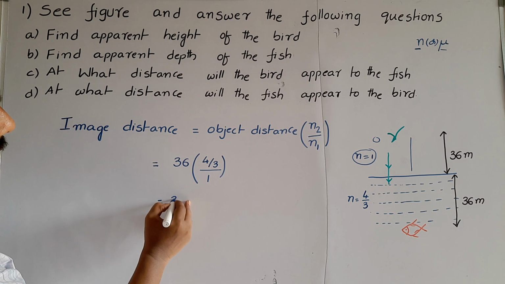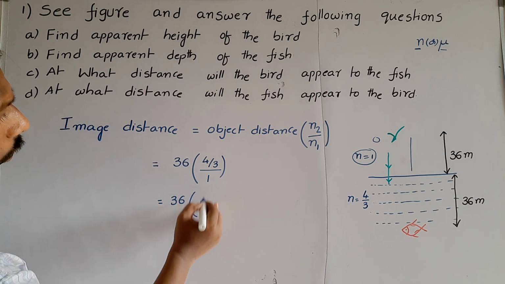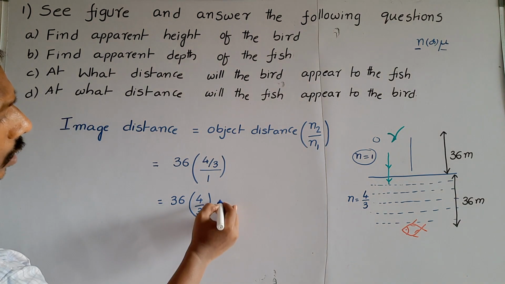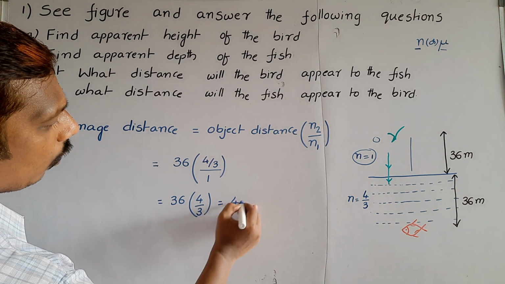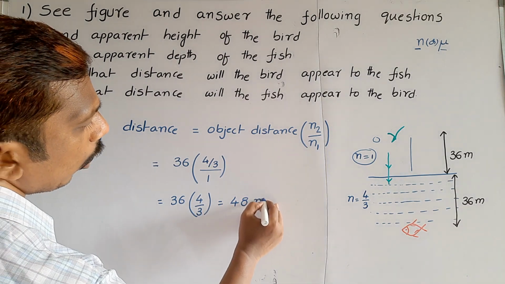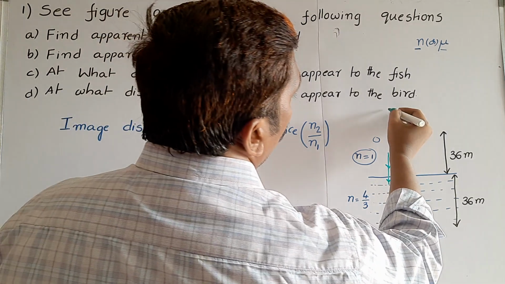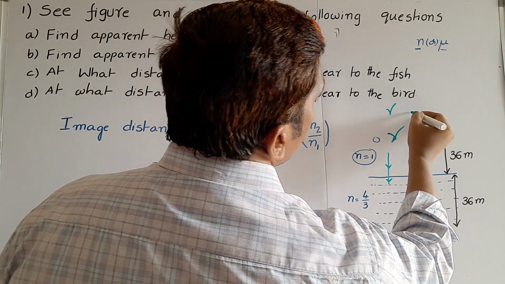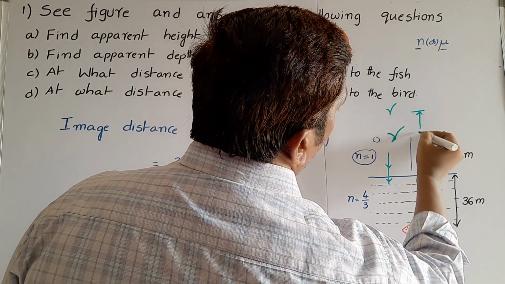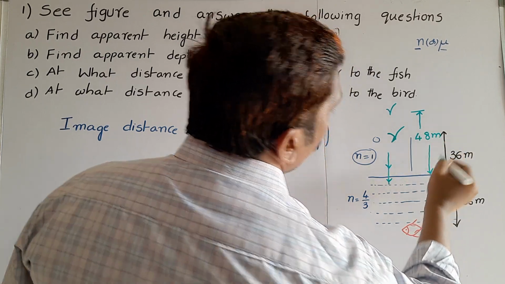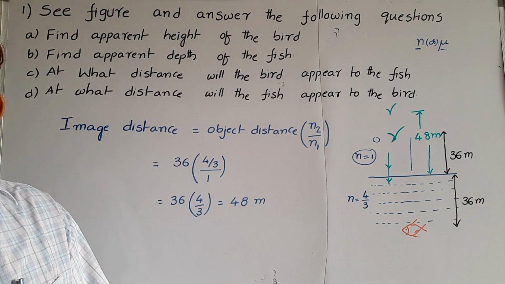If we simplify, we get 36 into 4 by 3. 3 12s are 36, 12 into 4 is 48 meters. That means the bird will appear at a height of 48 meters. Its image is formed 48 meters above the water surface.